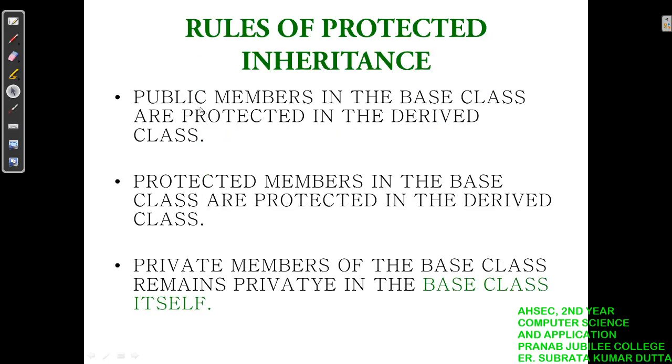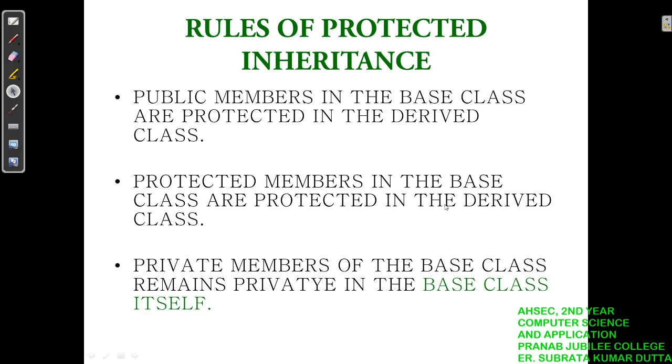So public members in the base class are protected in the derived class. That means if I declare visibility mode as protected, those members in the base class that have access specifier public will become protected in the derived class. I can inherit the members that are declared public in the base class, but in the derived class they will become protected. They will not remain public.